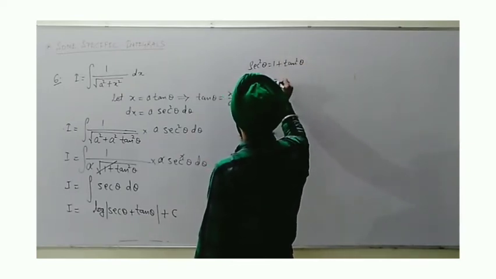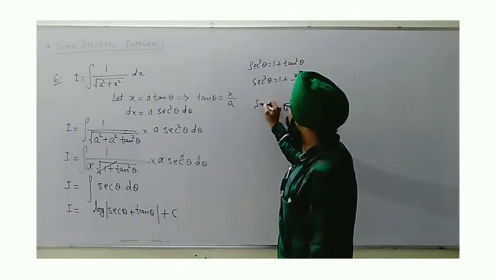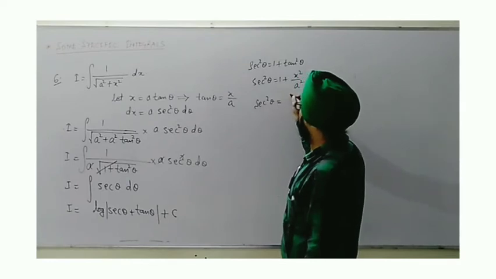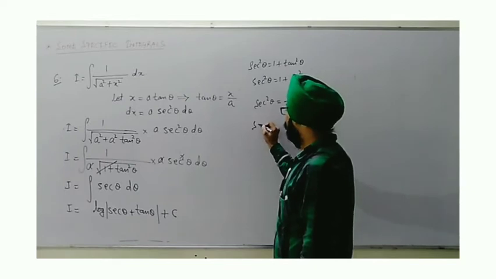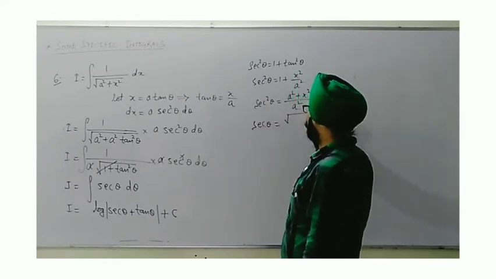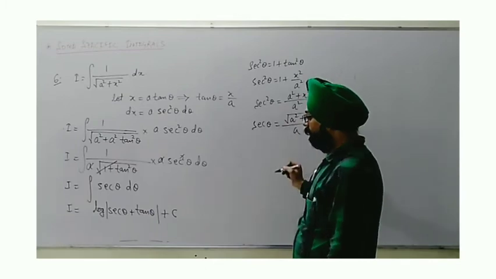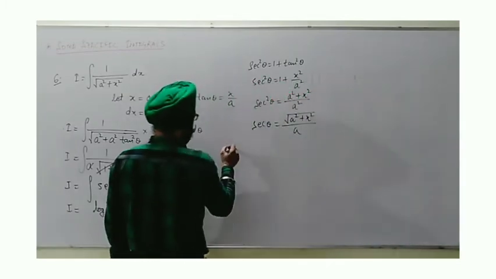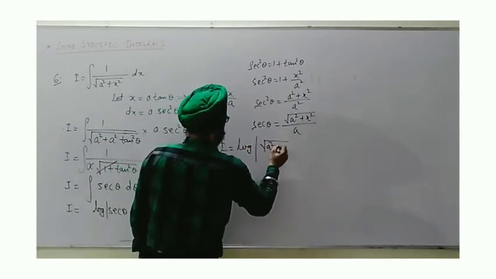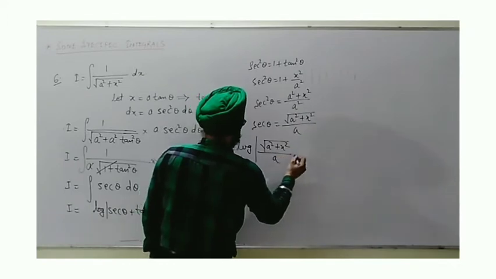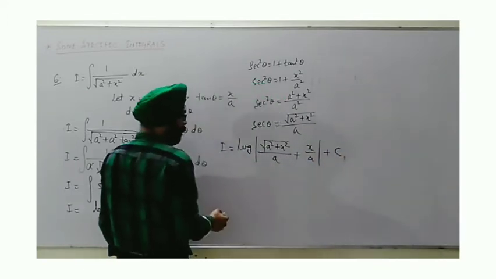Utilizing the values taken, 1 plus x square upon a square, sec square theta we obtain as a square plus x square upon a square, and finally sec theta is equal to under root a square plus x square upon a. Now substituting the values in the integral, we have I as log of under root a square plus x square upon a plus x upon a, plus c1, a constant.